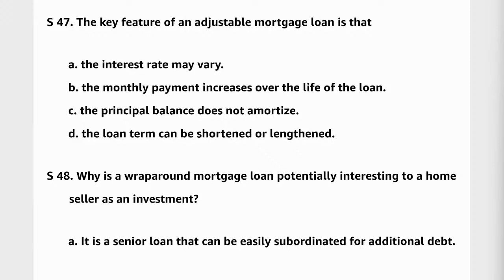So what is the key feature of an adjustable mortgage loan, called ARMs, adjustable rate mortgages? Oops, that's why they didn't use that word, rate.